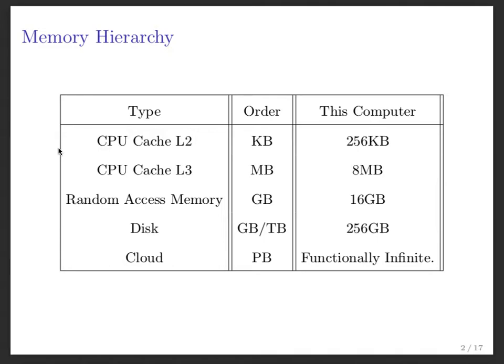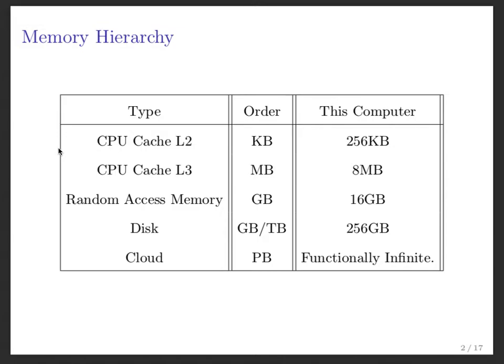And further on from the hard disk is something we call the cloud. Cheap and plentiful, measured in petabytes. A petabyte is 1,000 terabytes. So this is a functionally infinite amount of storage that we have in the cloud.